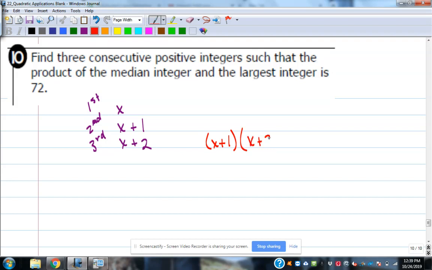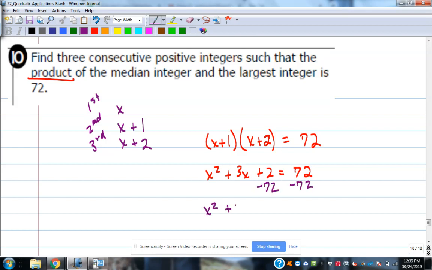How did I know to multiply those two together? The word product says multiply. And it's equal to 72. Splash that out there: x squared plus 3x plus 2 equals 72. Subtract 72.